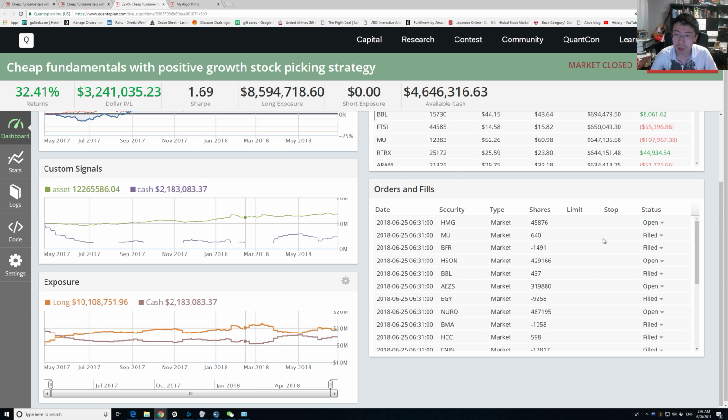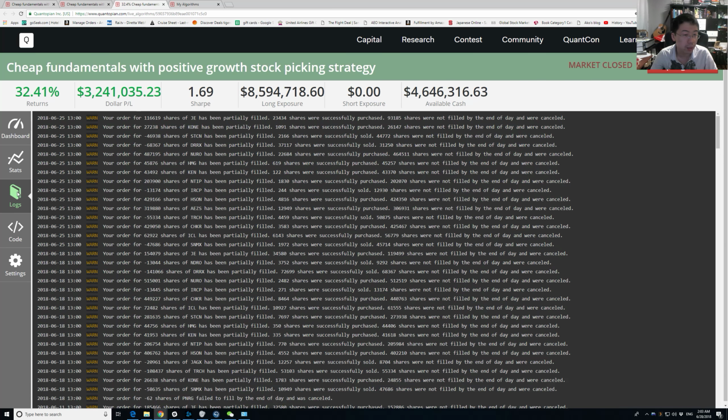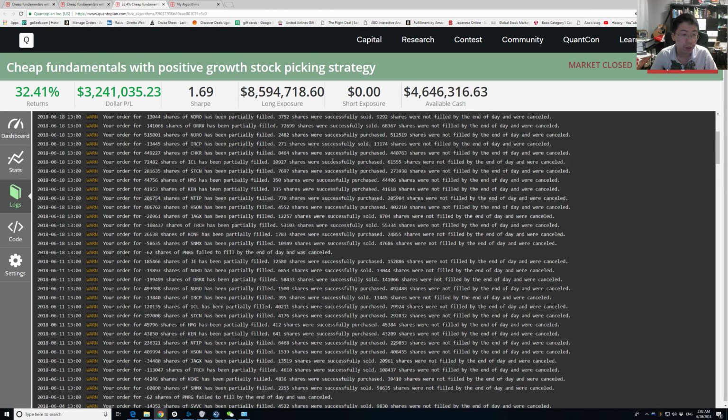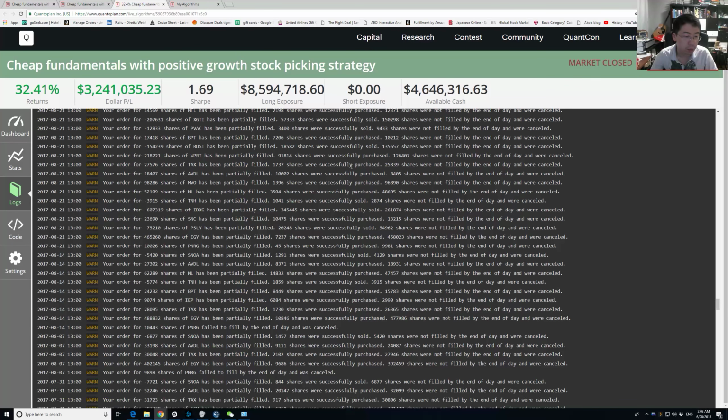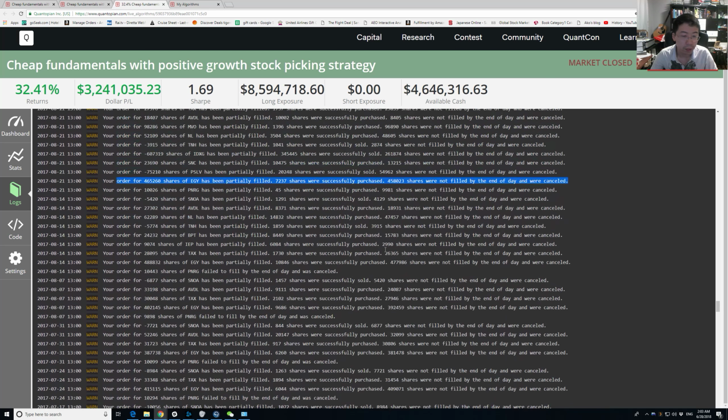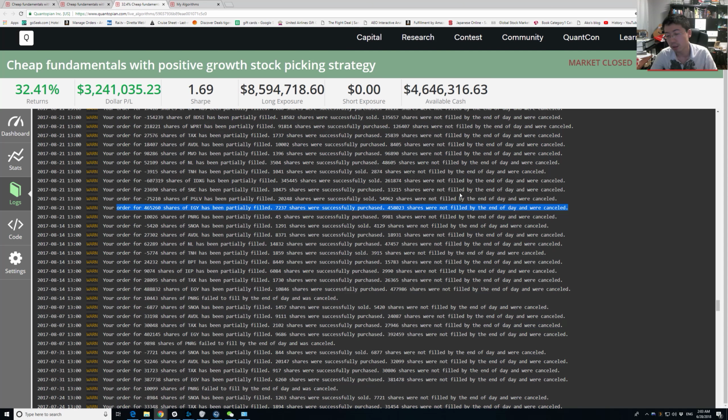It'll be interesting to see what the historical ones have. Maybe we can see it here. Let's see what this thing was holding back then. It was buying, I don't recognize any of those. EGY, it actually bought EGY long ago, 2017. And you can see most of them were canceled because this is trying to fill a portfolio of $10 million.